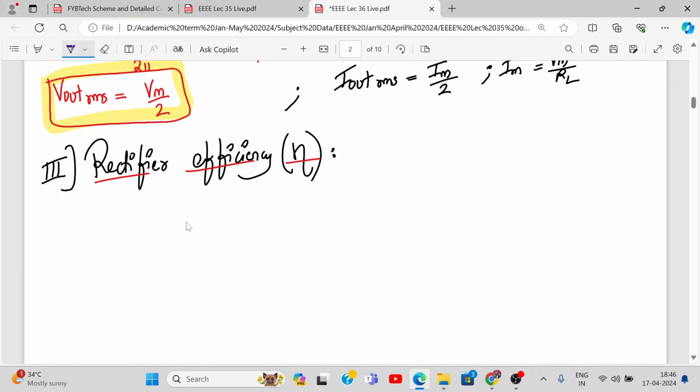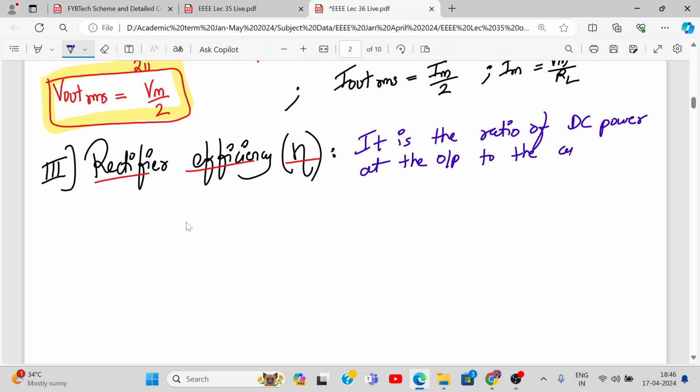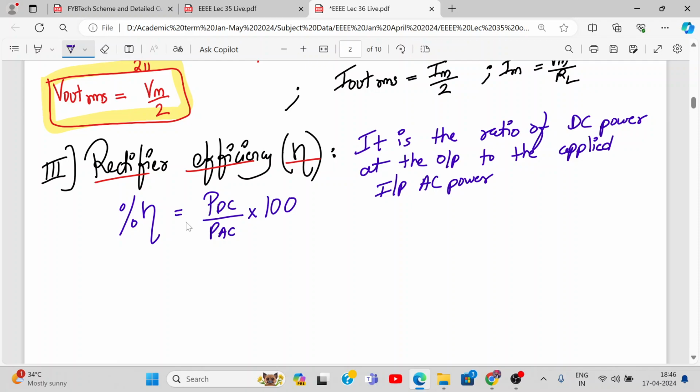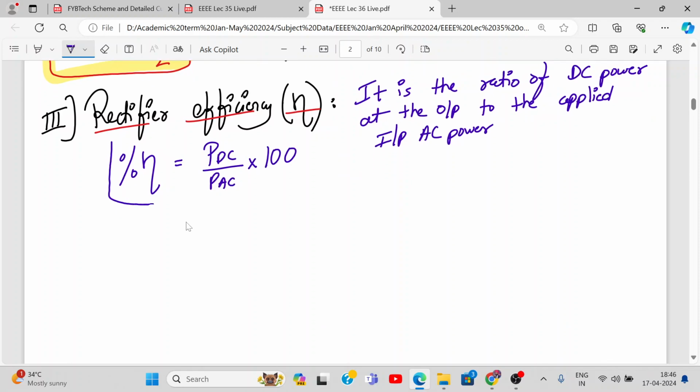It is the ratio of DC power at the output to the applied input AC power. Okay, so mathematically we can write percentage efficiency is given by PDC upon PAC into 100. This is the formula for rectification efficiency.